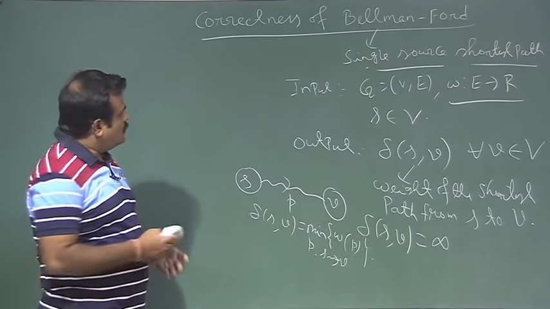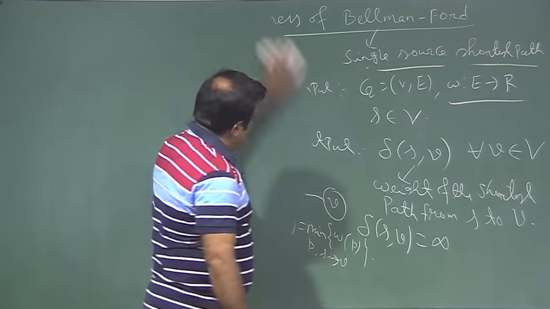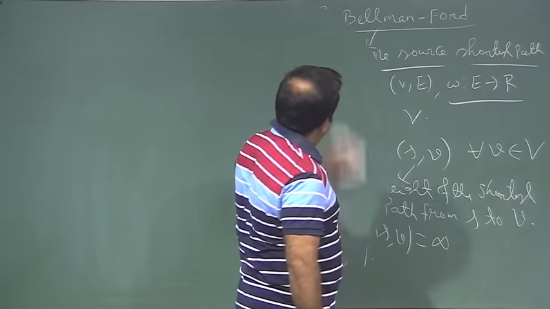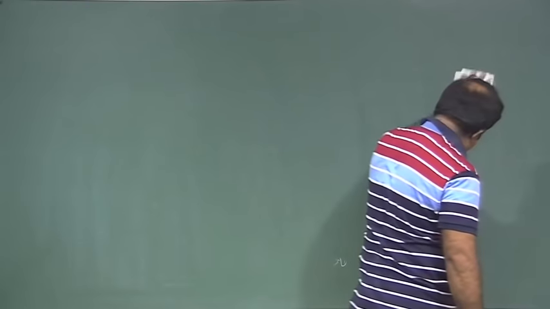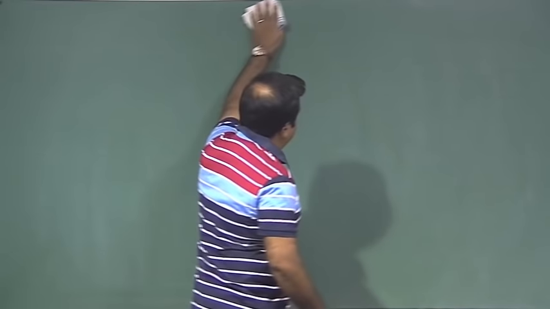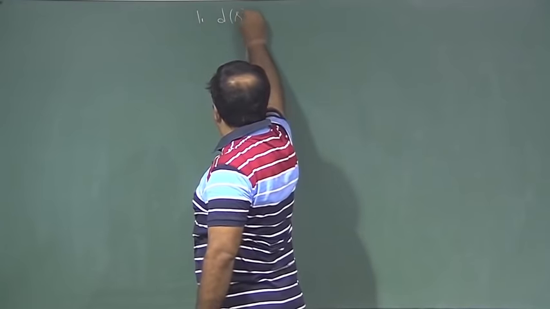Okay, so let us recap the Bellman-Ford algorithm, then we will talk about its correctness. For the Bellman-Ford algorithm, we first have an initialization step. This is the pseudocode for the algorithm.